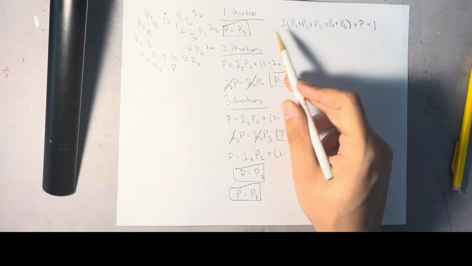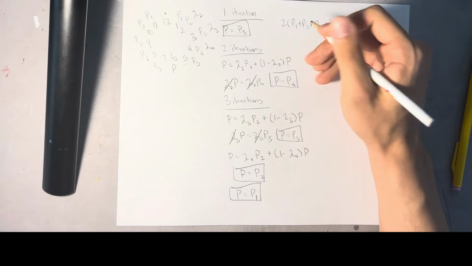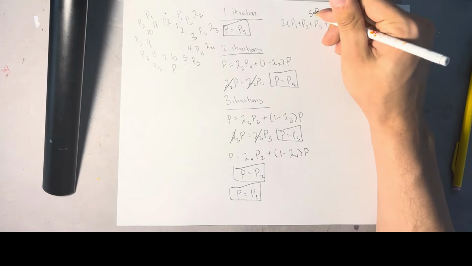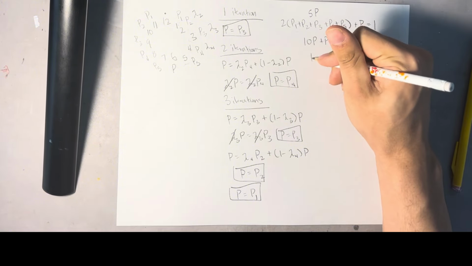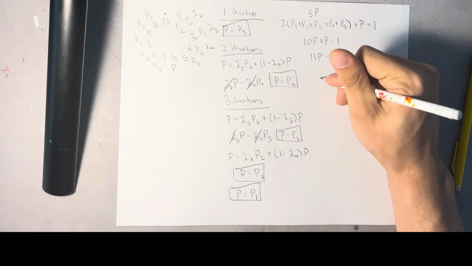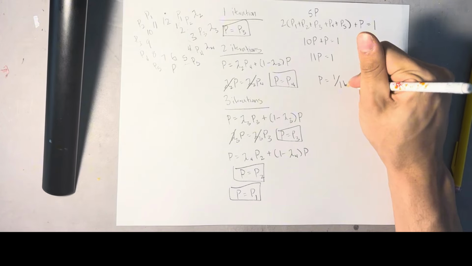But we found that all of these were equal to p, so this is just 5p, so 2 times 5p is 10p, plus p equals 1, so 11p equals 1, implying that p equals 1 over 11.